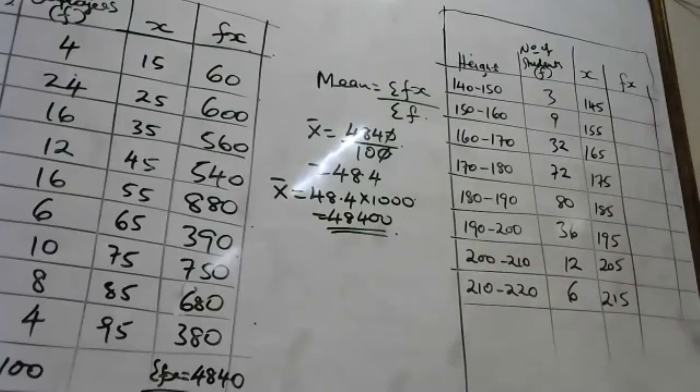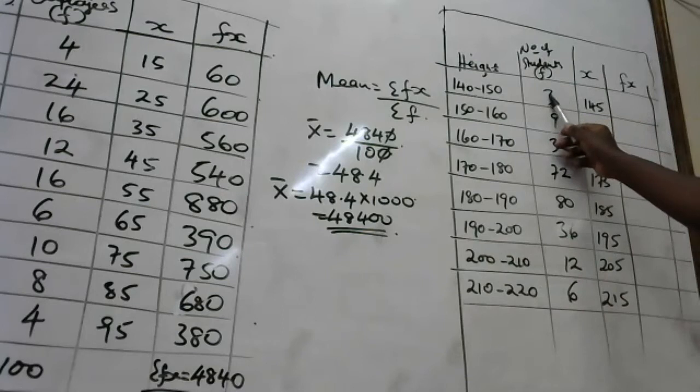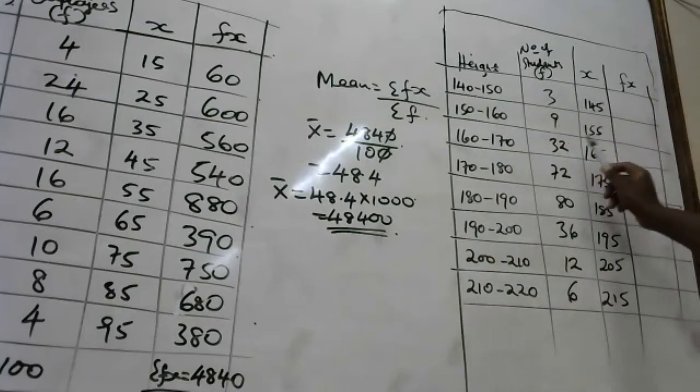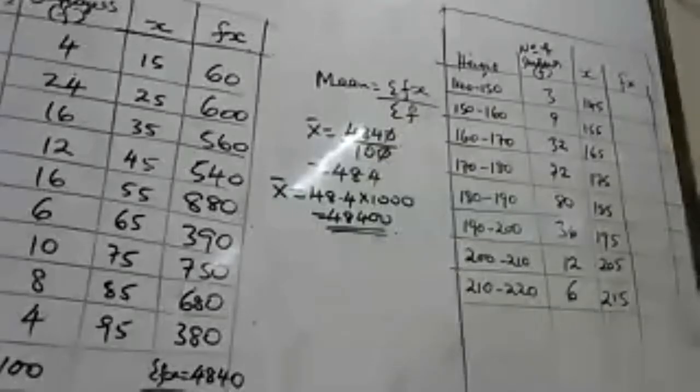You can confirm by adding this plus this divided by 2. After doing that, you apply the f value times the x value for each and every class.